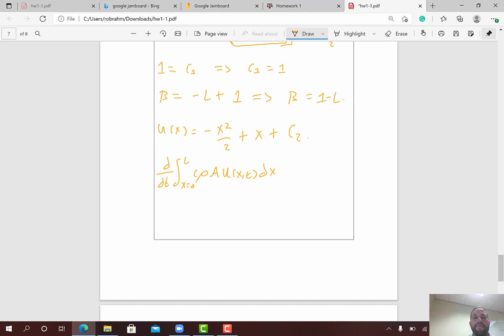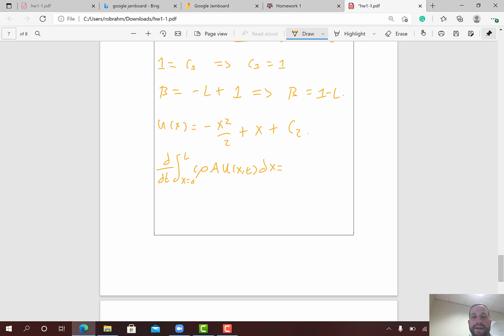Okay, and so I'm going to write this as C rho A times the integral x equals 0 to L. Now this is an x integral and a t derivative, and so I'm going to put the derivative inside the integral here, and this is going to be the derivative of u with respect to t, x,t dx.